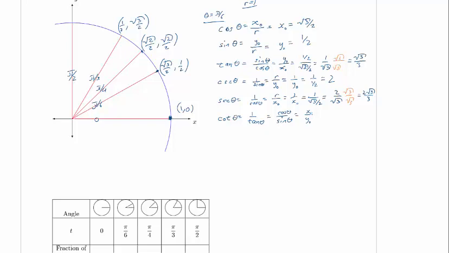Alright, so we just plug everything in. So the cosine value was root 3 over 2, and the y value was 1/2. Right? The 1/2s cancel each other out, and so we're simply left with root 3 for this one.